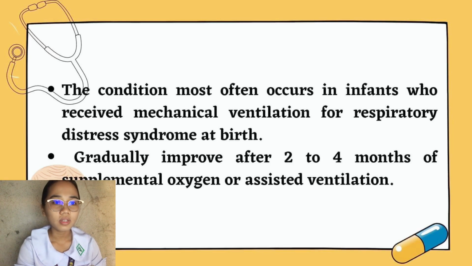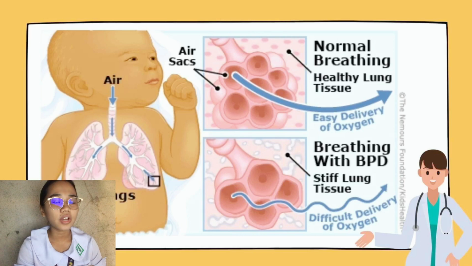Next, we have here an illustration of a premature baby who has a normal or healthy lung tissue and along with BPD. As we all know, BPD is a form of chronic lung disease that affects newborns. As I have said earlier, most often they are born prematurely and need oxygen therapy.